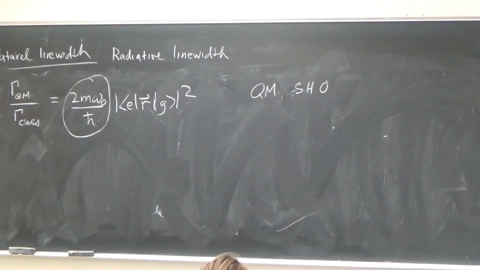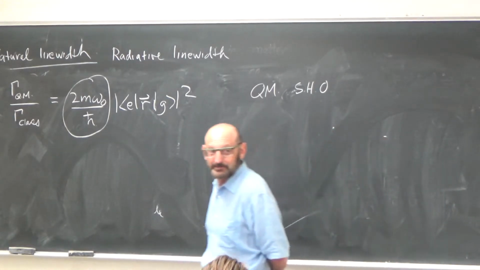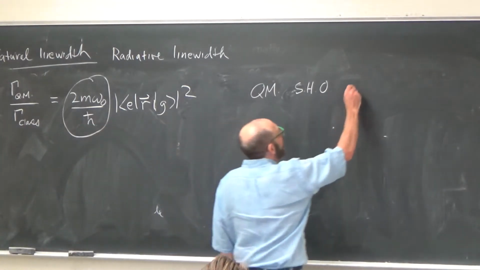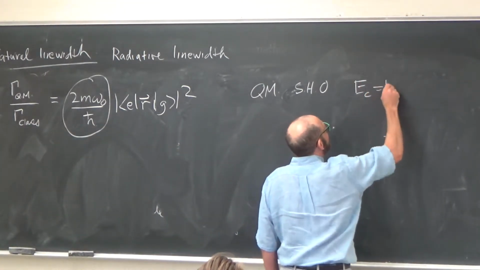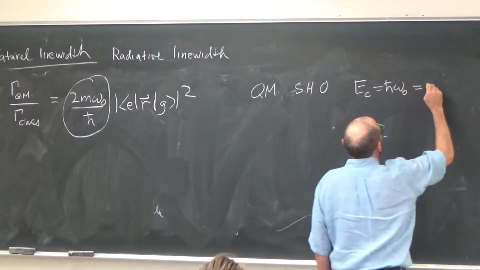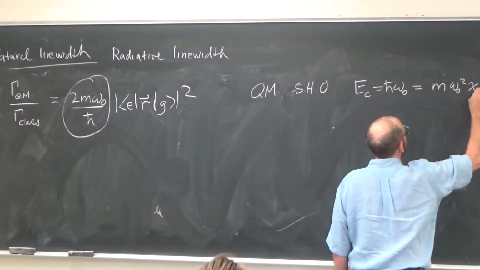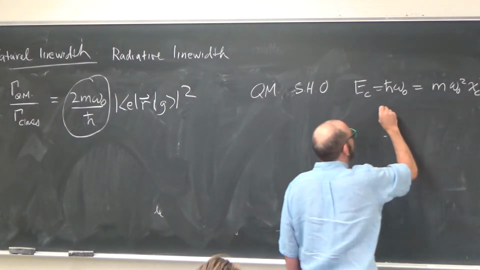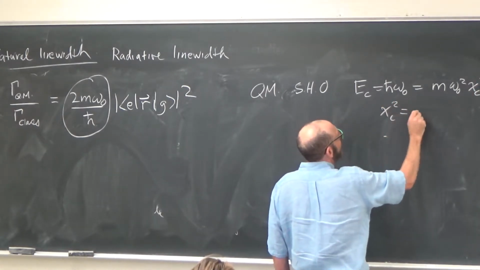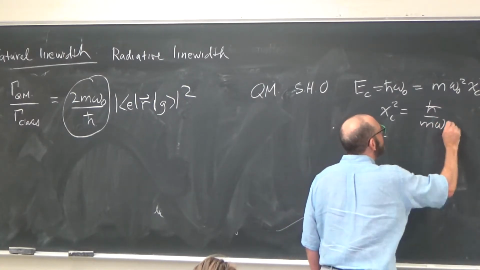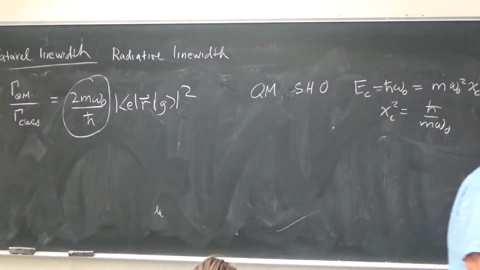You would say h bar over m omega. Because if I say the characteristic energy scale is h bar omega, and the characteristic energy has to be m omega naught squared times some characteristic length scale, then my characteristic length scale squared is equal to h bar over m omega naught. All my students from 491 remember that.